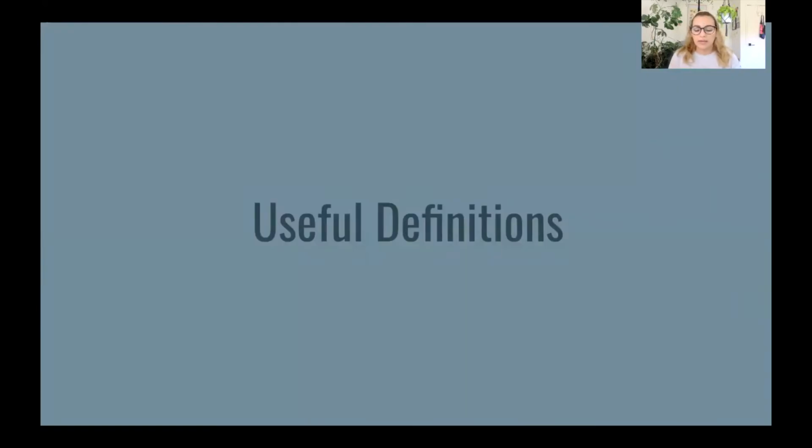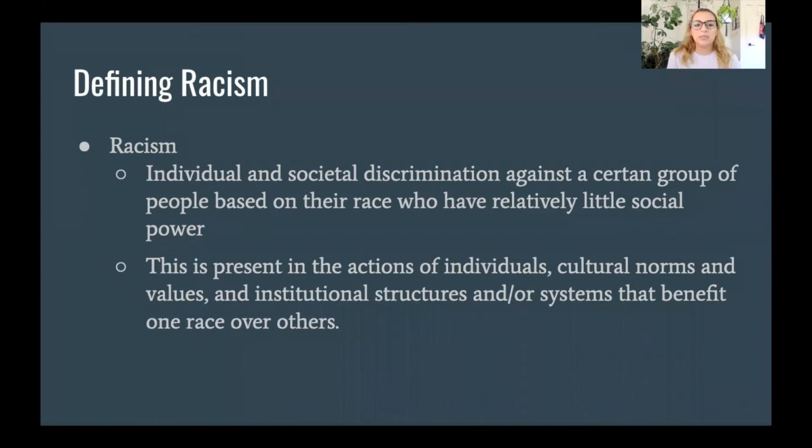We can first begin by going over some useful definitions and defining what exactly racism is and what anti-racism is. So racism can be defined as individual and societal discrimination against a certain group of people based on their race who have relatively little social power. This is present in the actions of individuals, cultural norms, values, institutional structures, and/or systems that benefit one race over others.